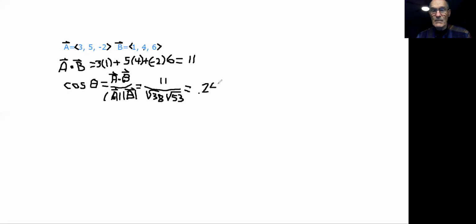And then, in order to find the angle between them, I would say theta equals the inverse cosine, or the angle whose cosine. That's what the inverse cosine means. Theta is the angle whose cosine is 0.245.